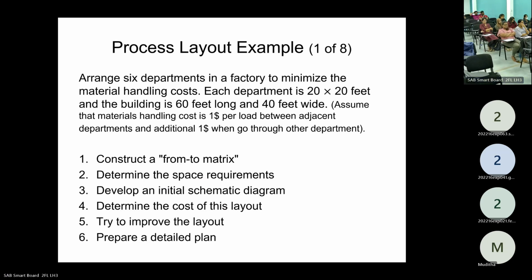We need to construct a from-to matrix, that means the transactions between departments, a summarized transaction, and then determine the space requirement, that is given anyway. Develop an initial schematic diagram, determine the cost of this initial layout, try to improve the layout and prepare a detailed plan.